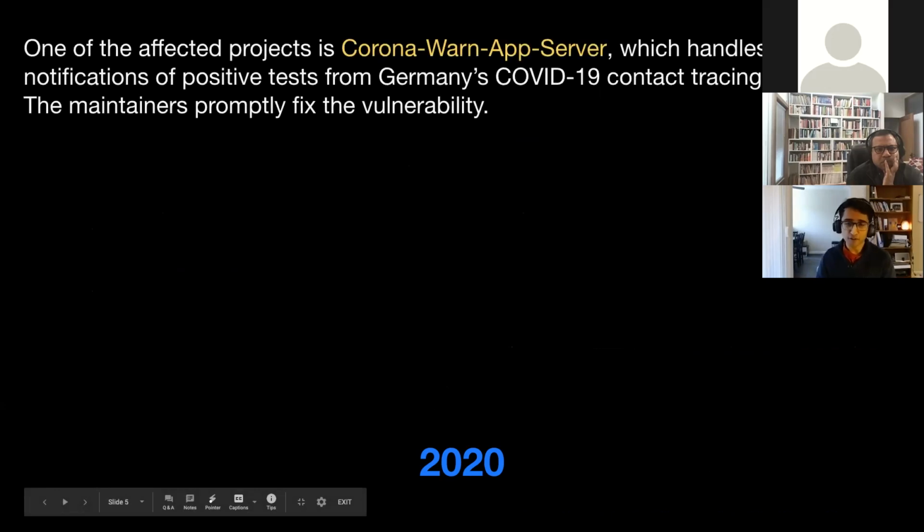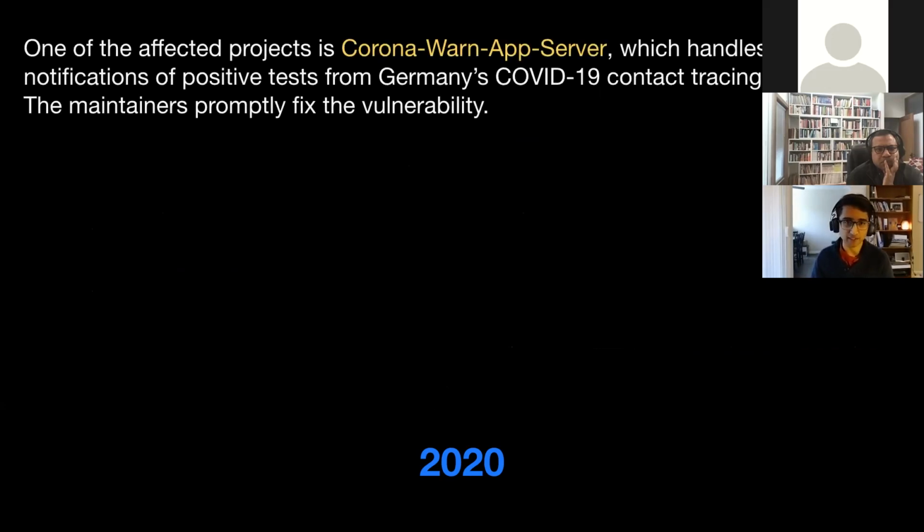And this led to a number of interesting results, all of which were responsibly disclosed and fixed. And a demonstration of the impact of this kind of vulnerability, or the need to find these kind of things, is one of the projects was Germany's COVID-19 contact tracing infrastructure, which is highly relevant in the present year.